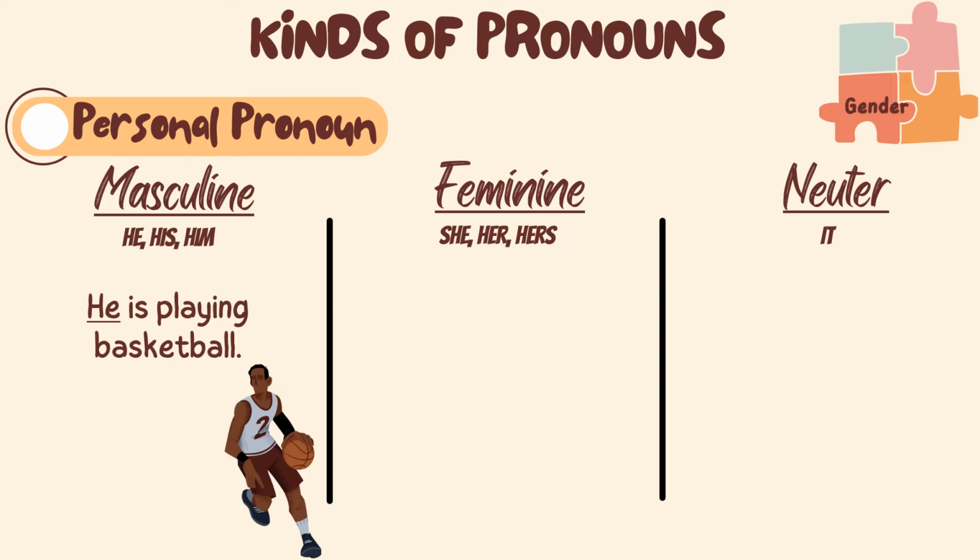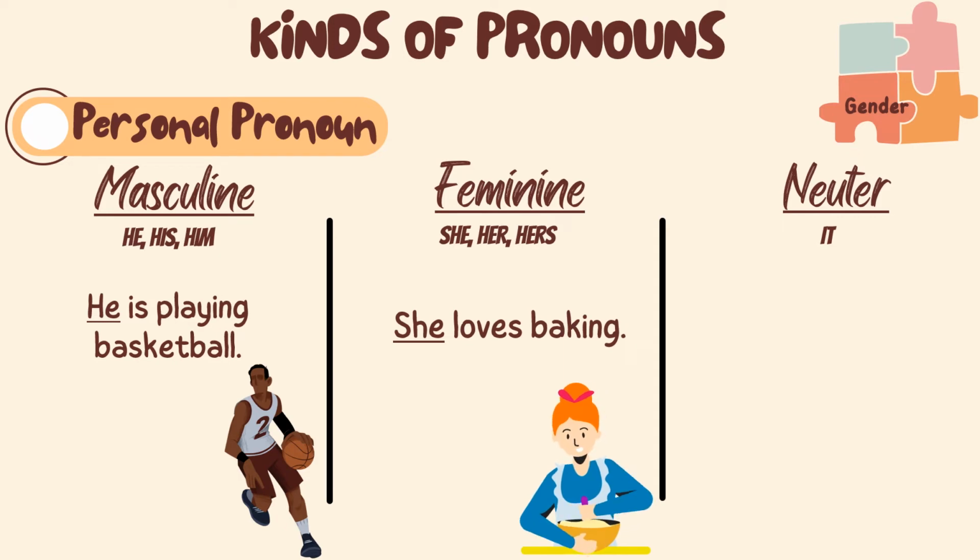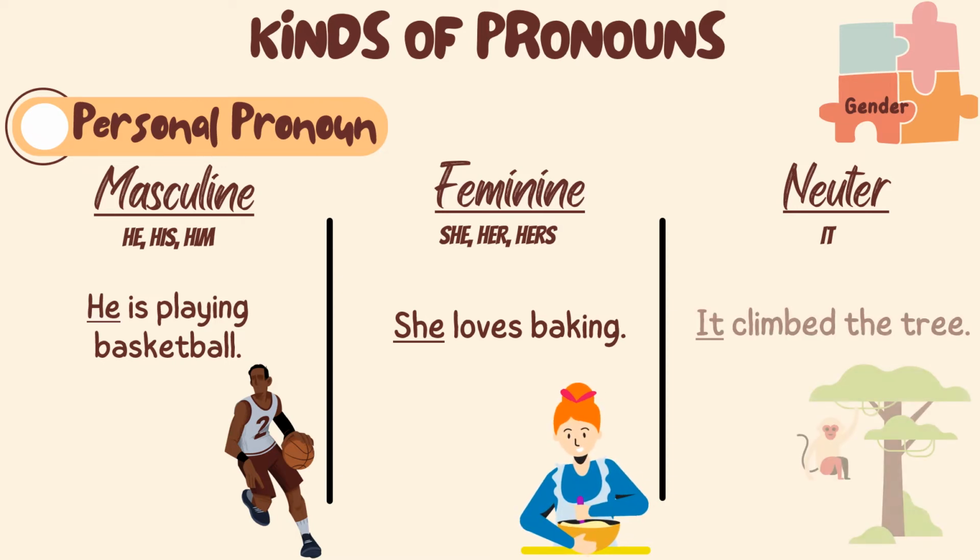Feminine can be she, her, and hers. And this is used for ladies or mga babae. For example, she loves baking. For neuter, we can use it to refer to hayop or mga bagay. For example, it climbed the tree.